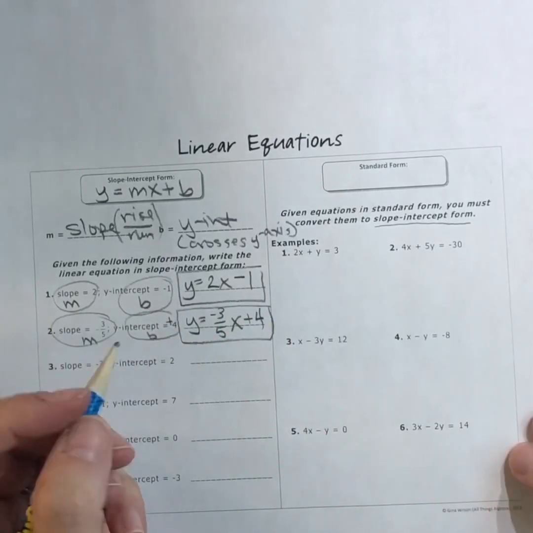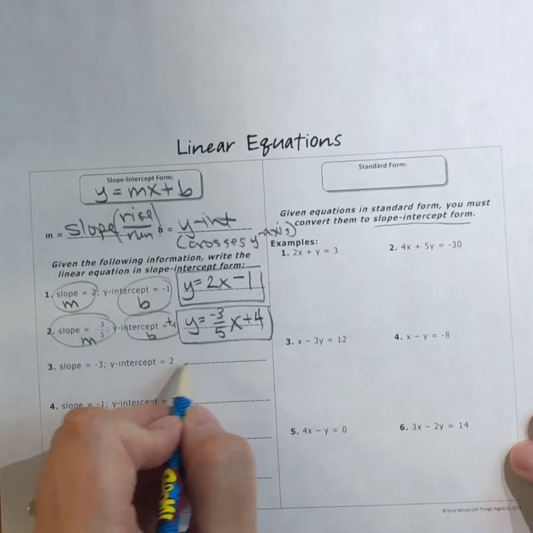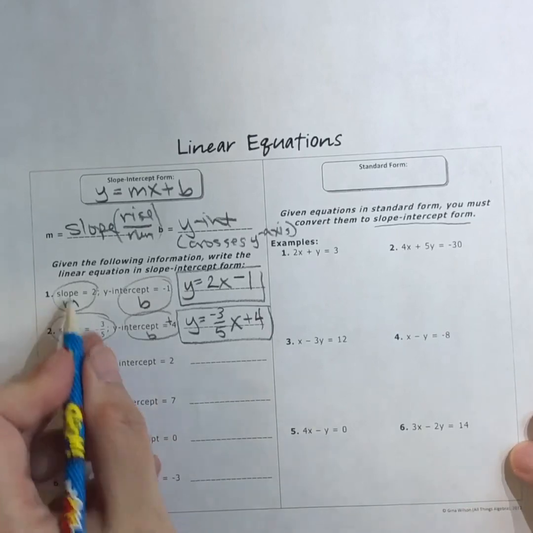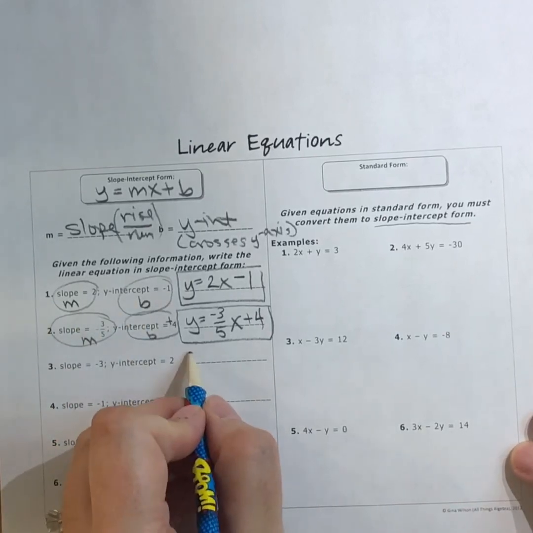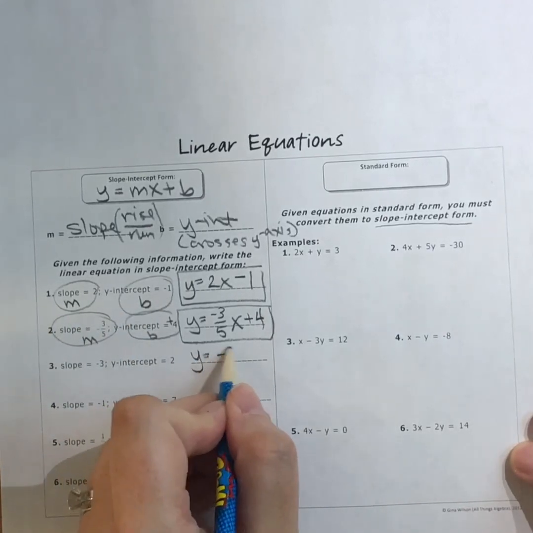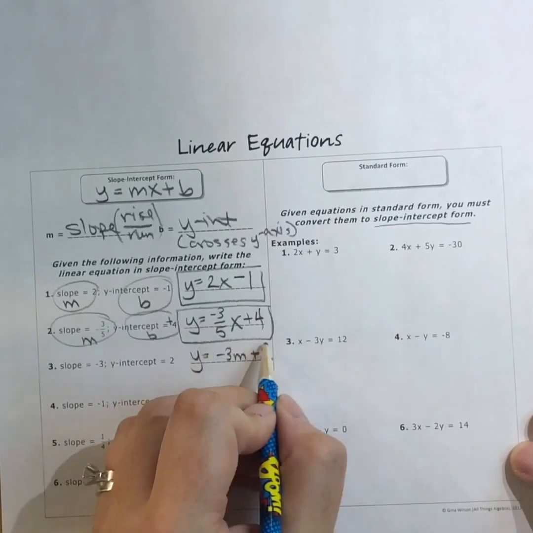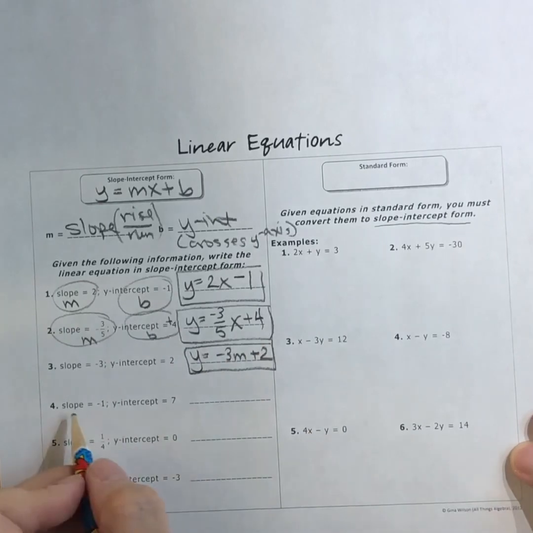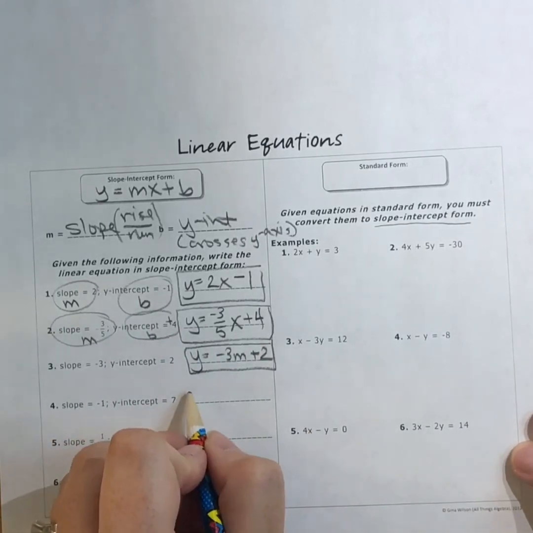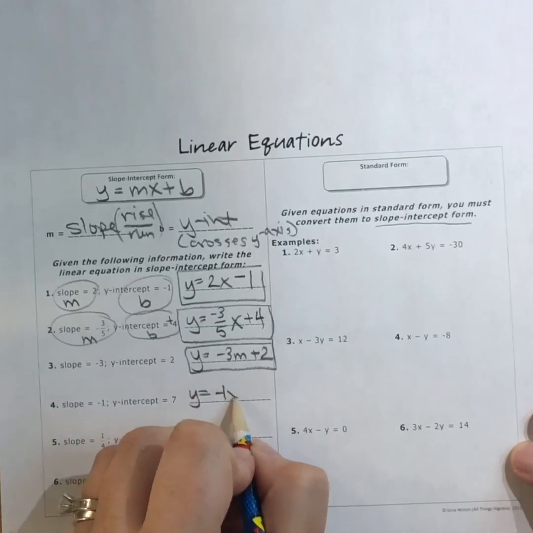Okay. So then really quickly, I'm not even going to write these anymore. I just know the slope is the m, so it's -3x. The y-intercept is 2, so it's +2. So number 4, because our slope is -1, we could write it as y equals -1x.